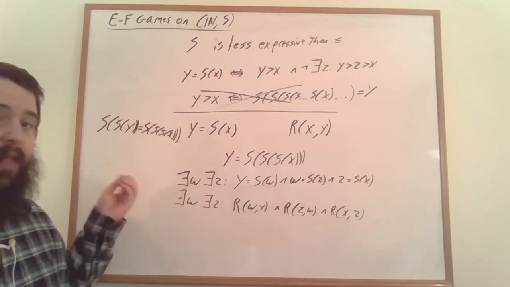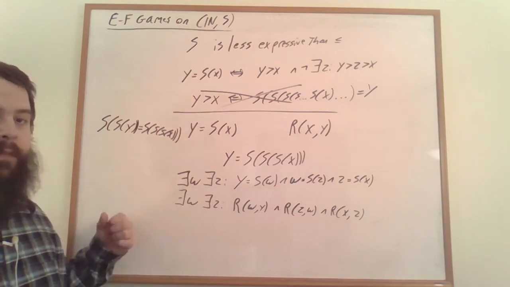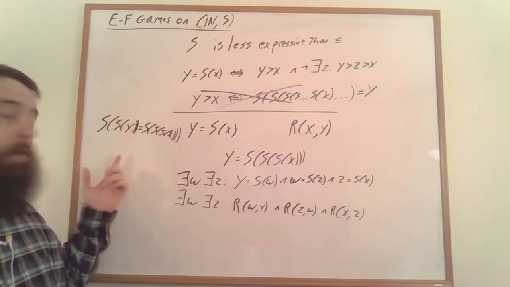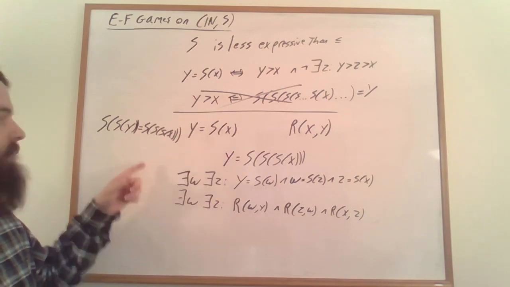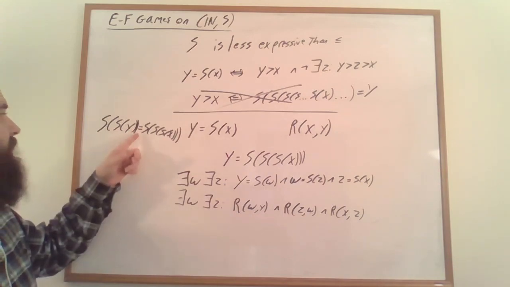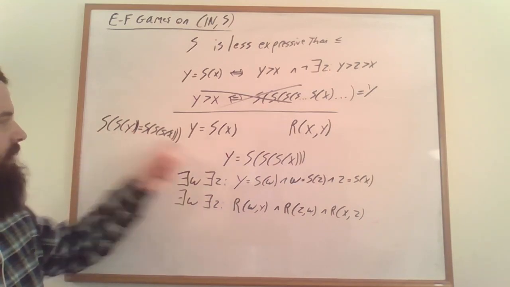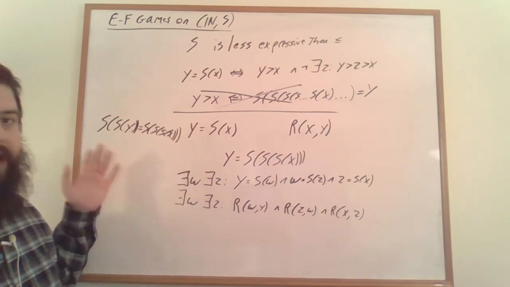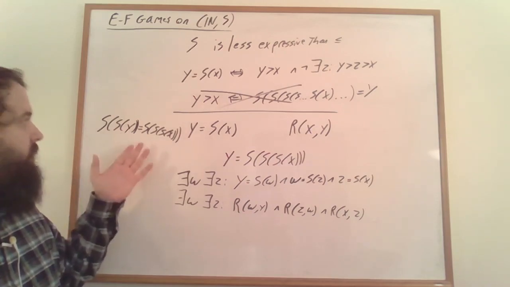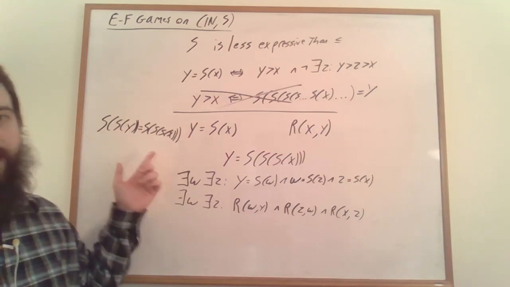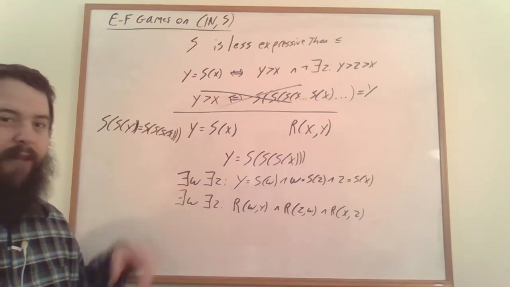We could be applying the successor operation to terms on both sides of the equality, but generally speaking, this is all we can do with atomic formulas, and we need to handle this case either by saying, oh, there exists a separate variable z, such that this is equal to z and z is equal to this, or we need to take advantage of the fact that the successor operation is invertible to turn this into just y is equal to the successor of x, depending on whether or not we have that.